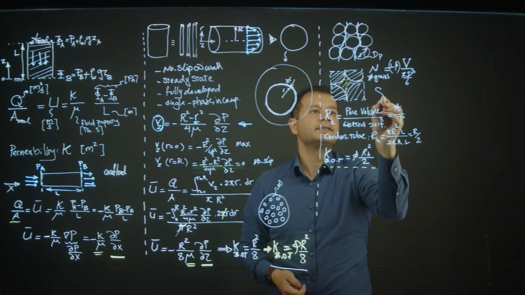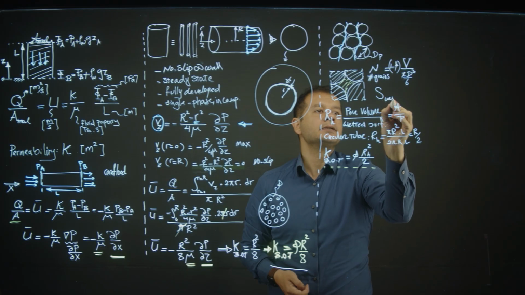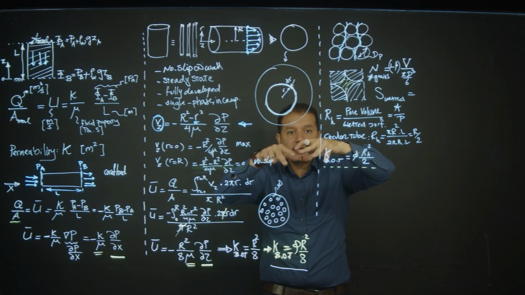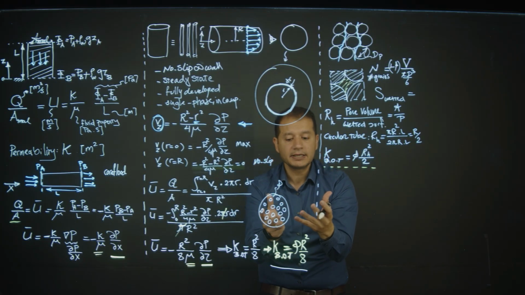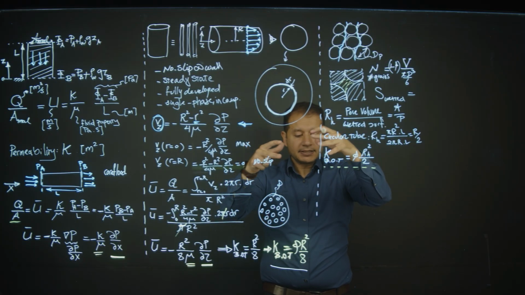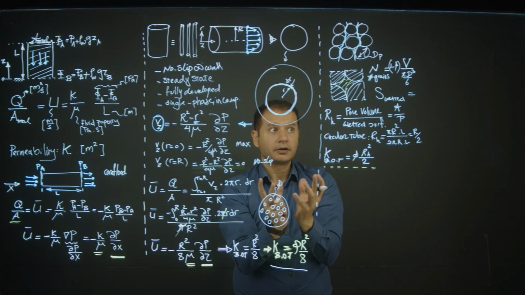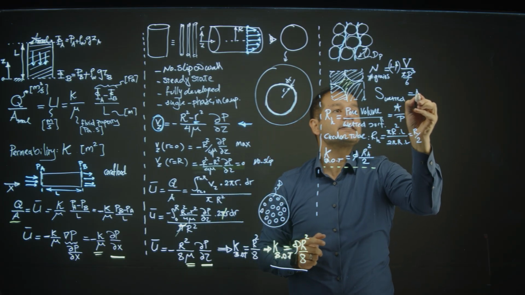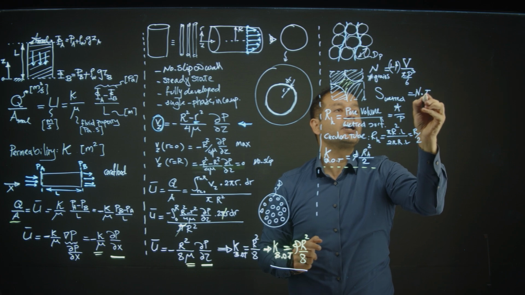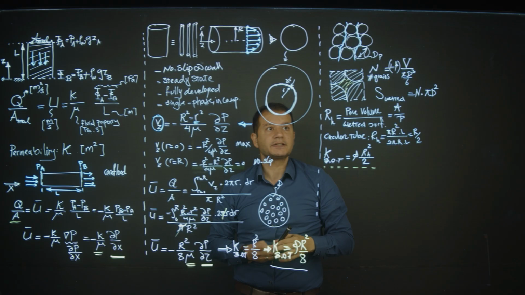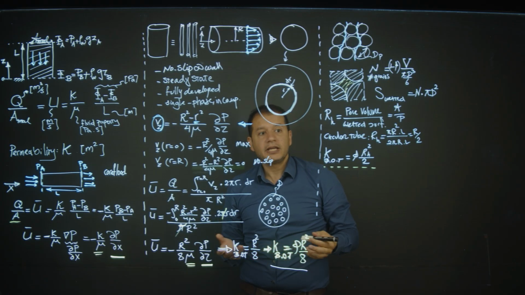What's the surface that will be wetted by this type of geometry? It is the surface of these grains, right? So that's S, nothing but the surface of the spheres. Each grain has pi d squared surface, and so they get wet.